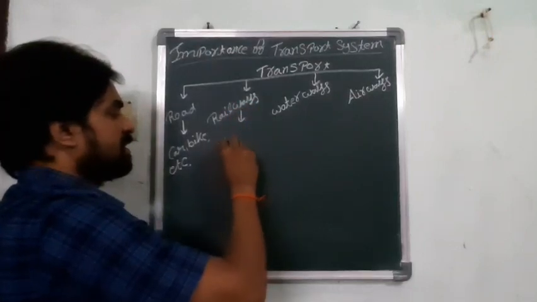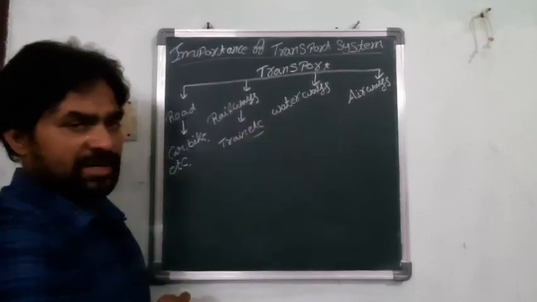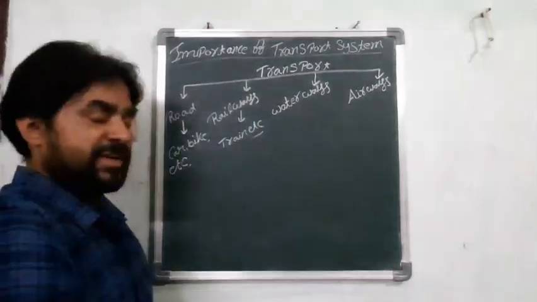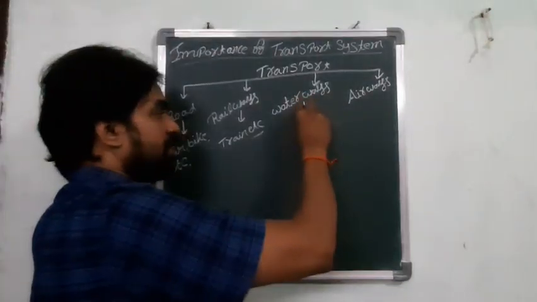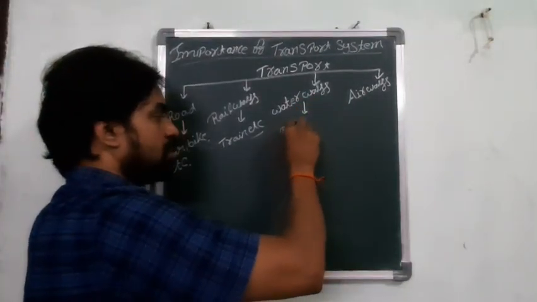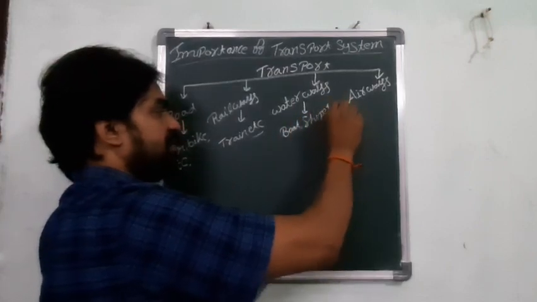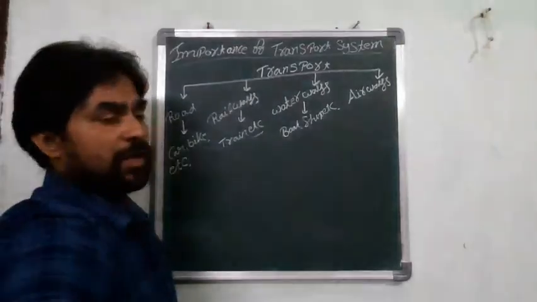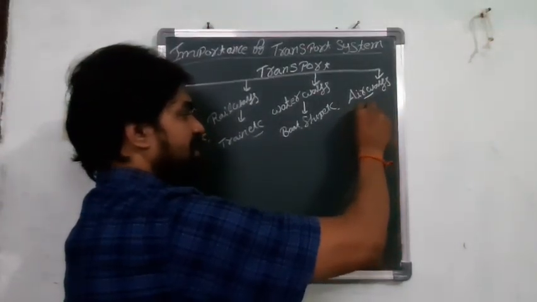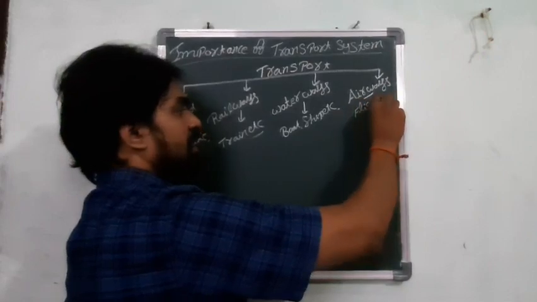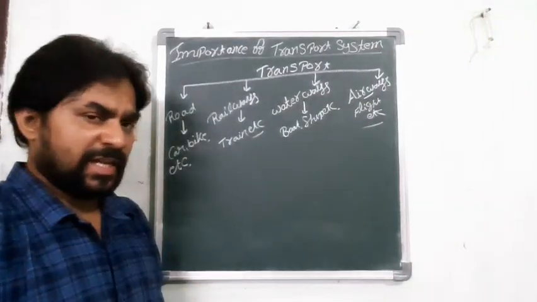Railways, you know, train, goods trains, and some other types of vehicles can be used by the railways. Next, waterways, we know boat, ship, and some other things can be used by the waterways. Airways, we know flight or helicopter, etc. can be used by the airways. So that is the second column.